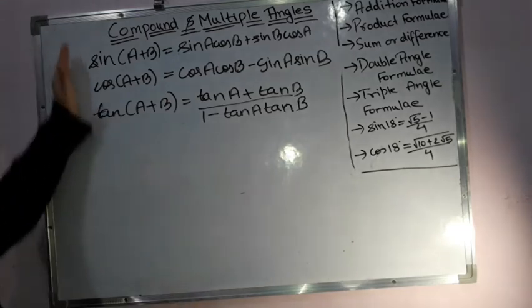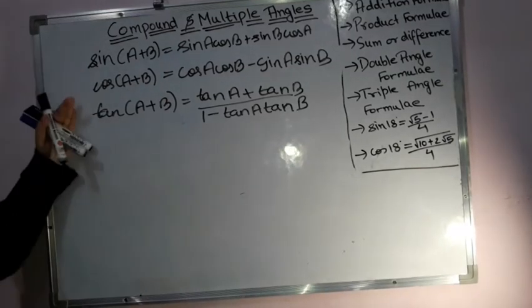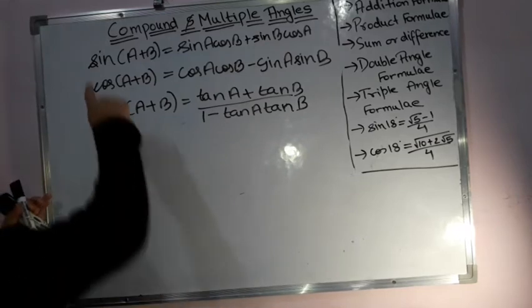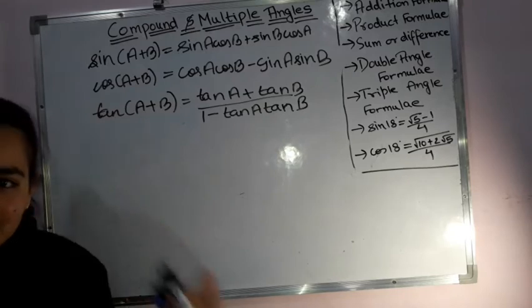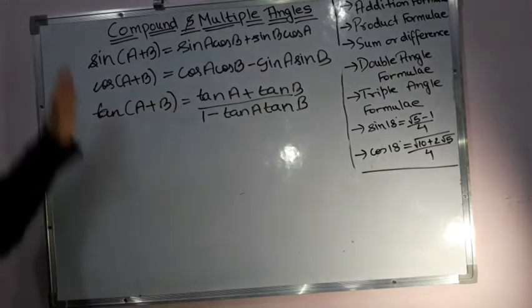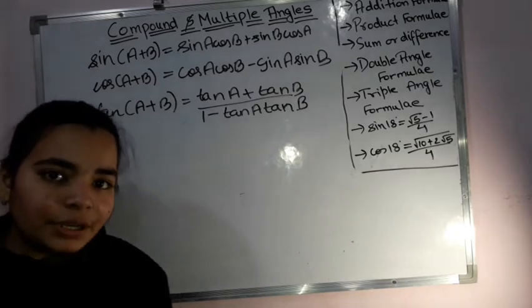So from these 3 formulas, can you get the 6 formulas? Because the first one will be these 3, and then the negative of them, that is sine a minus b, cos a minus b, and tan of a minus b. So these are known as the addition formulas that you have.